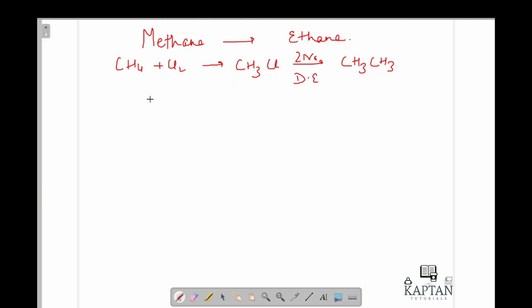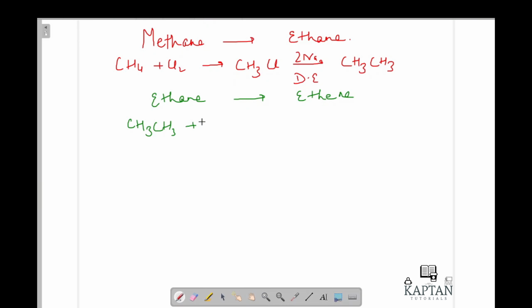Okay. Now, if I give you another conversion: convert ethane to ethene. Now what we have to remember is that ENE means a double bond. So how are we going to carry out the conversion? The formula for ethane is CH3CH3.